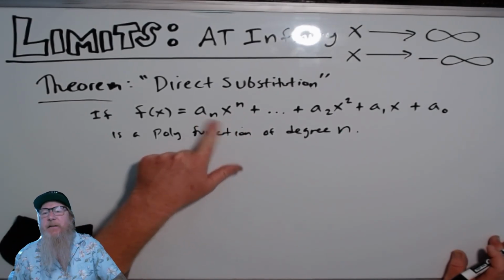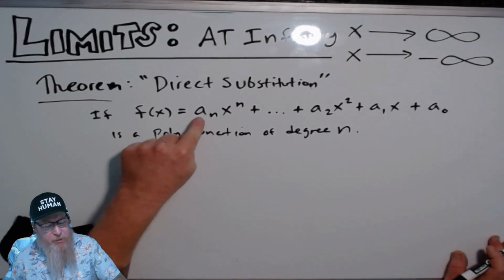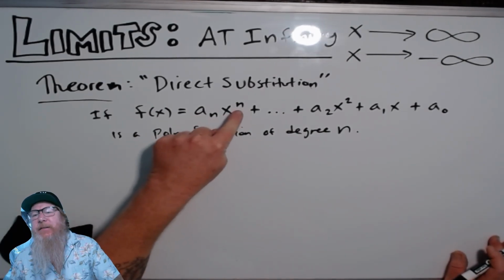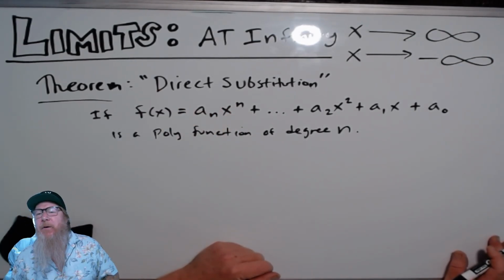An is the leading coefficient. Sometimes we just call it a, but I'm using a subscript an to indicate that it's the coefficient of the leading term, and the power or the degree is n.